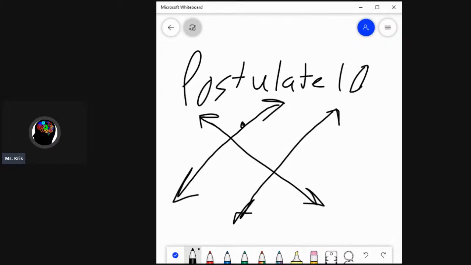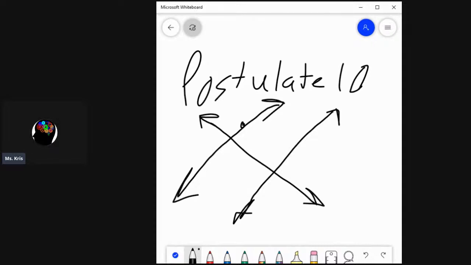Now, if it's not perpendicular, then what you have is a transversal. And a transversal is a line that intersects two or more other lines at distinct points, and they all lie on the same plane.